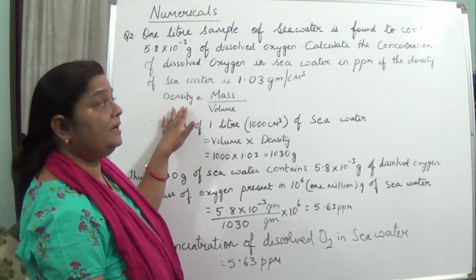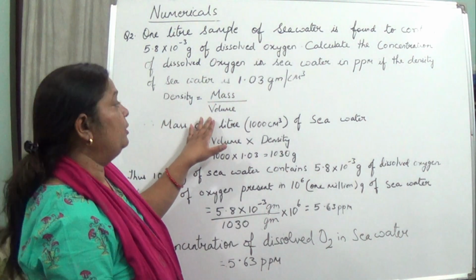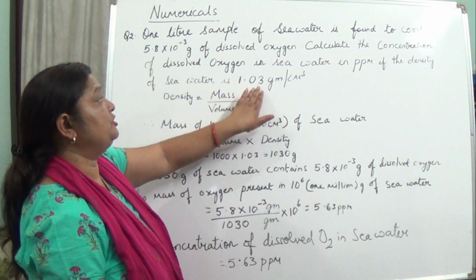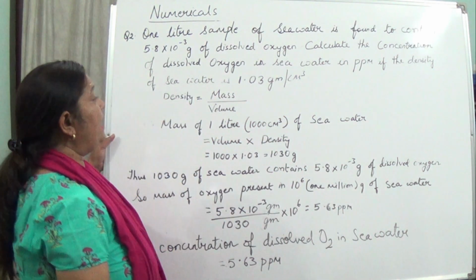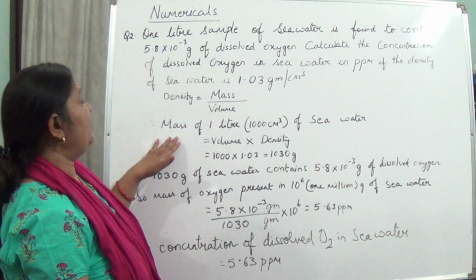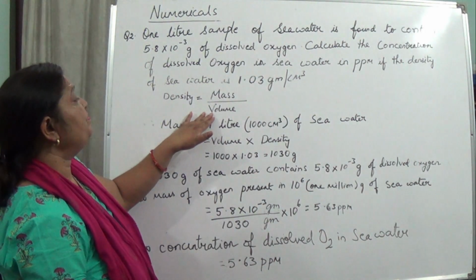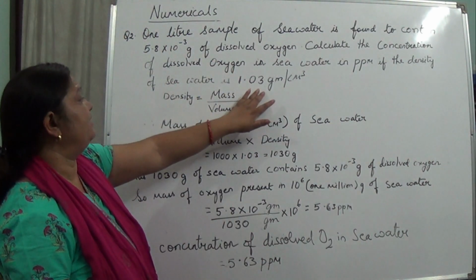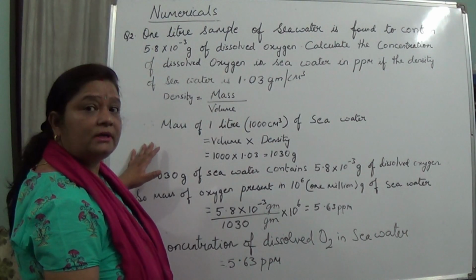Okay, so density is given. What is the formula of the density? Mass upon volume. Okay, so the mass upon volume figure is how much? 1.03 gram per centimeter cube. So here, if we have density and we have volume, volume has been given as 1 liter, isn't it? Density has also been given. We can calculate the mass of 1 liter of seawater, isn't it?